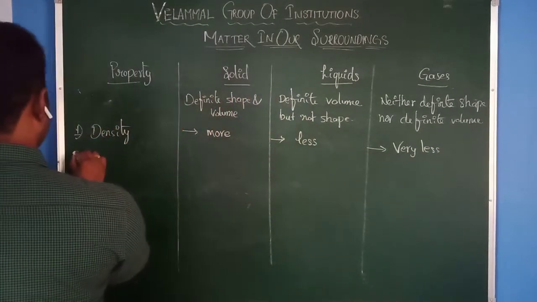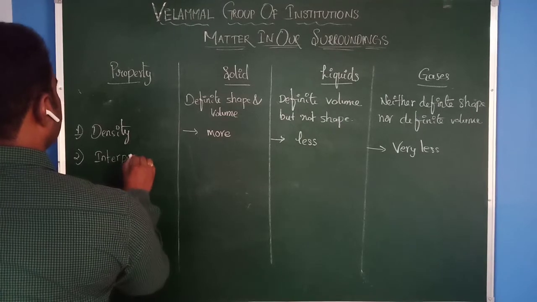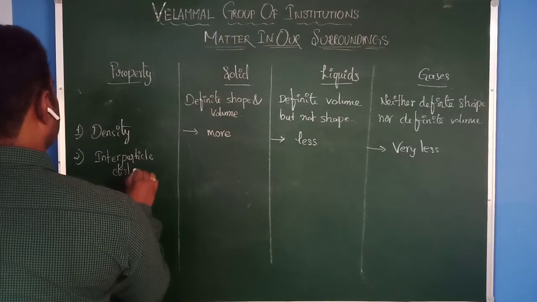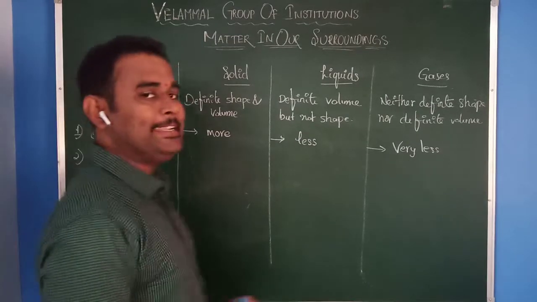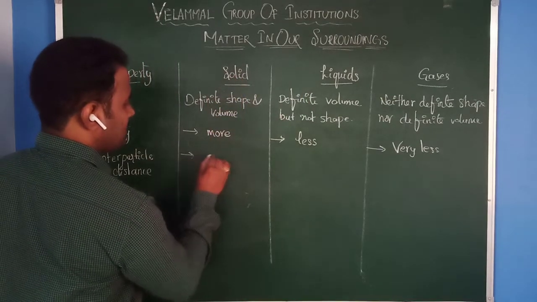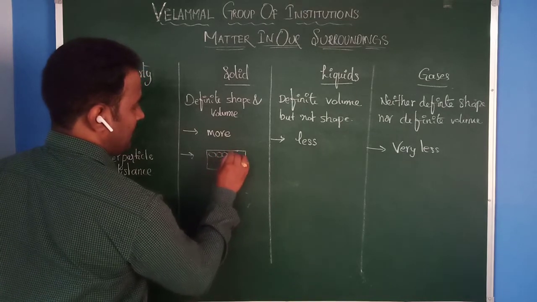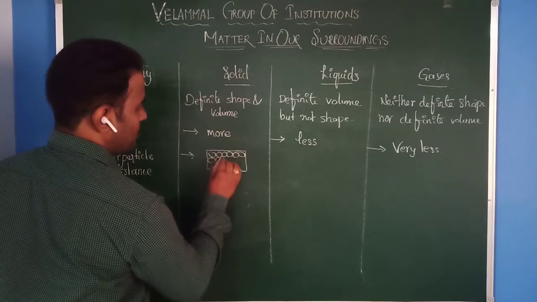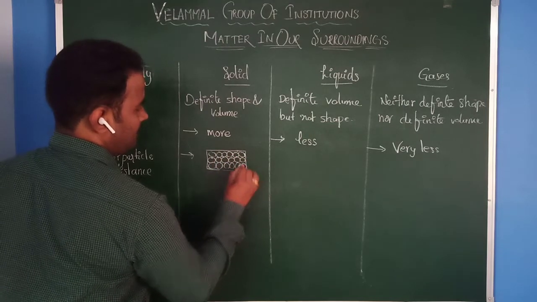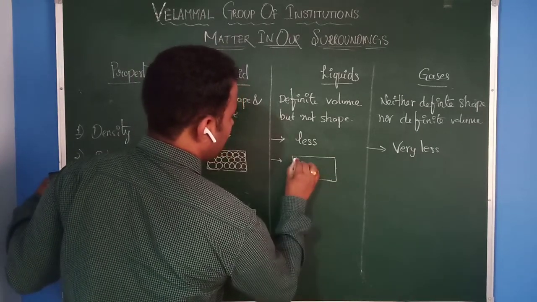And the next one, interparticle distance. When you observe solids, this is the arrangement of the particles inside the solid state. This is the arrangement of the particles inside the liquid state.